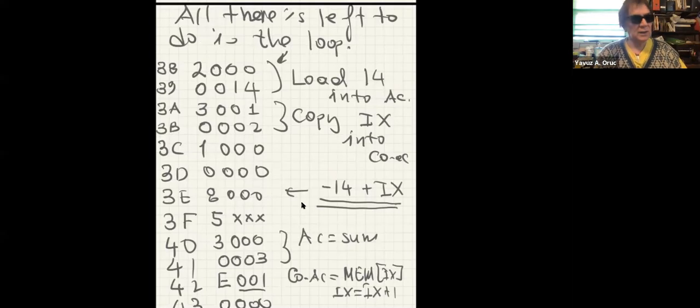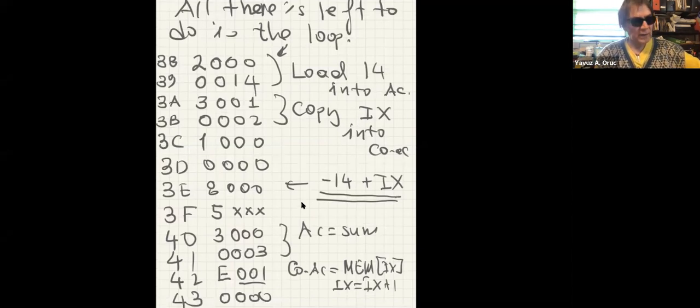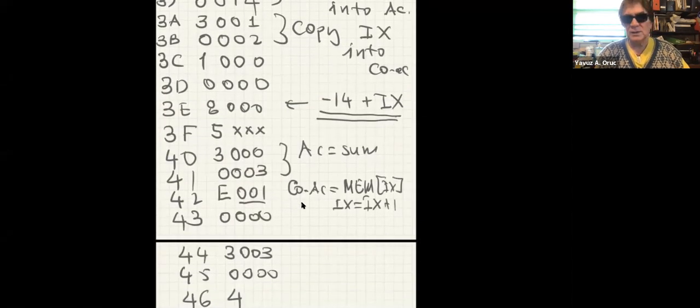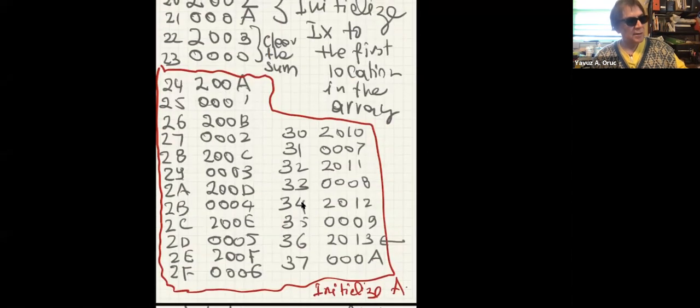So we can check to see if, in fact, the thing in IX has become 14. This increment will not make it. Initially, it was set to, I guess, location A, right? Now it's going to go up to location B. Just take a look at these numbers here, right?